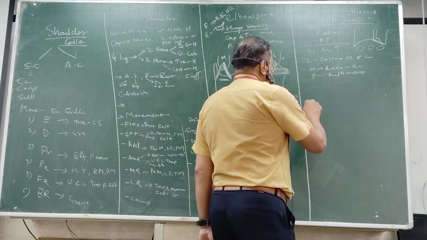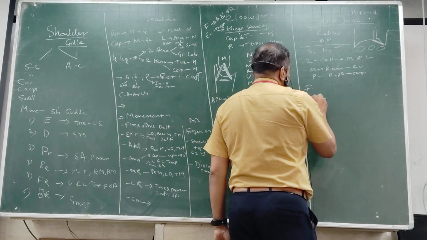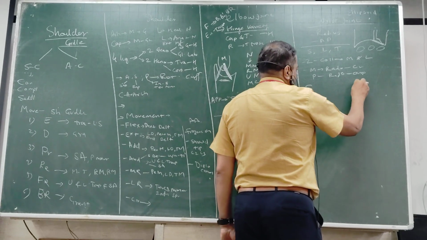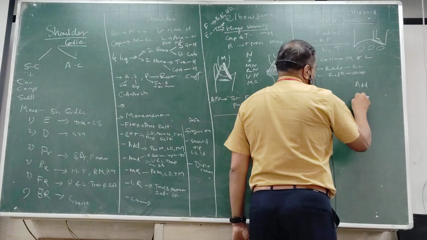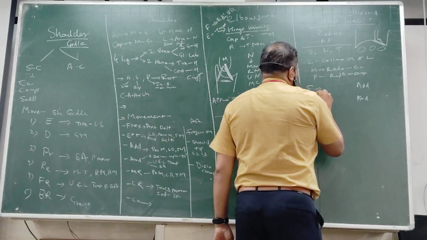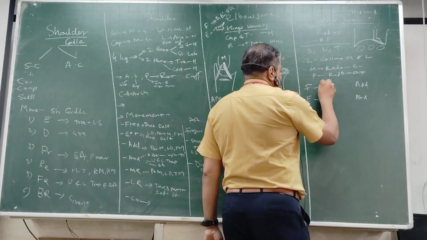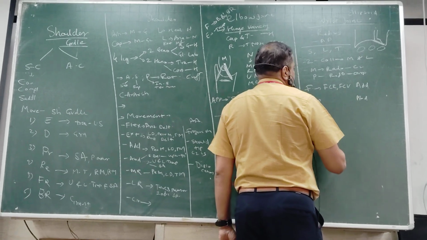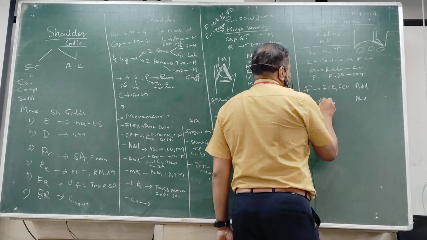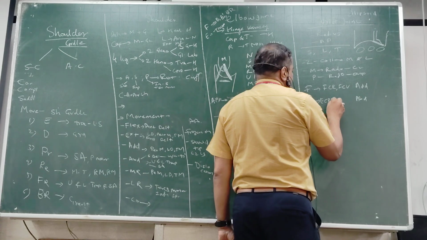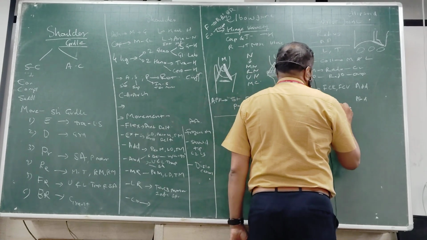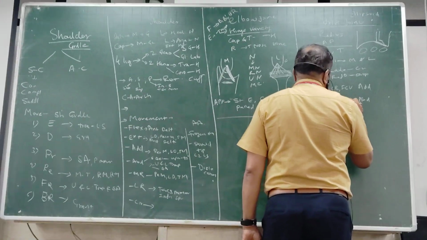It has four actions: flexion, extension, adduction and abduction. Flexion is brought about by flexor carpi radialis and flexor carpi ulnaris. Extension is brought by extensor carpi radialis longus, extensor carpi radialis brevis, and extensor carpi ulnaris.